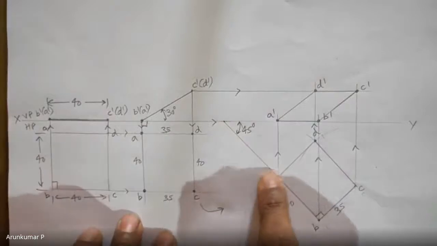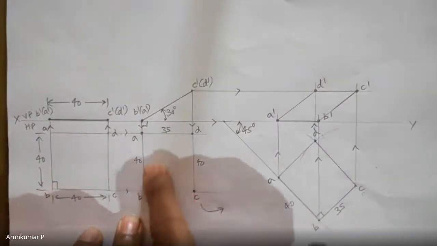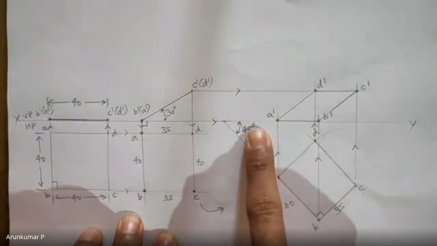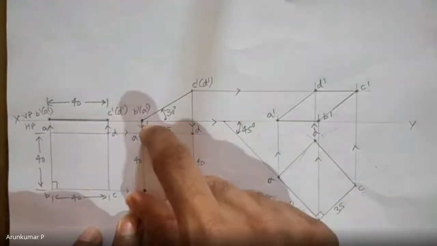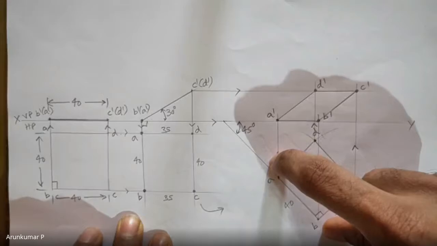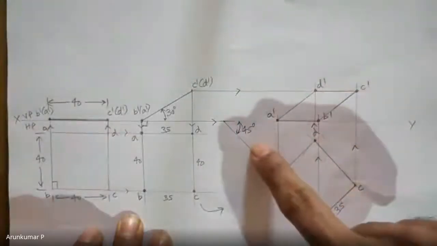In the third step, you will find that the edge on which it is resting on HP, AB, is inclined to VP by 45 degrees. So you have to incline the edge AB by 45 degrees in the third step, and the same rectangle will be inclined by 45 degrees.